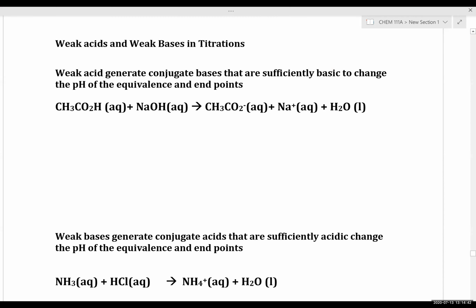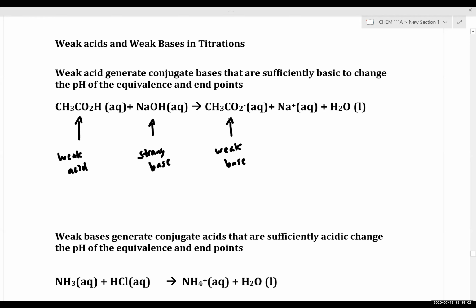So for example, if we're titrating acetic acid, which we know is a weak acid, with sodium hydroxide, which is a strong base, we generate acetate, which is a weak base, and water.